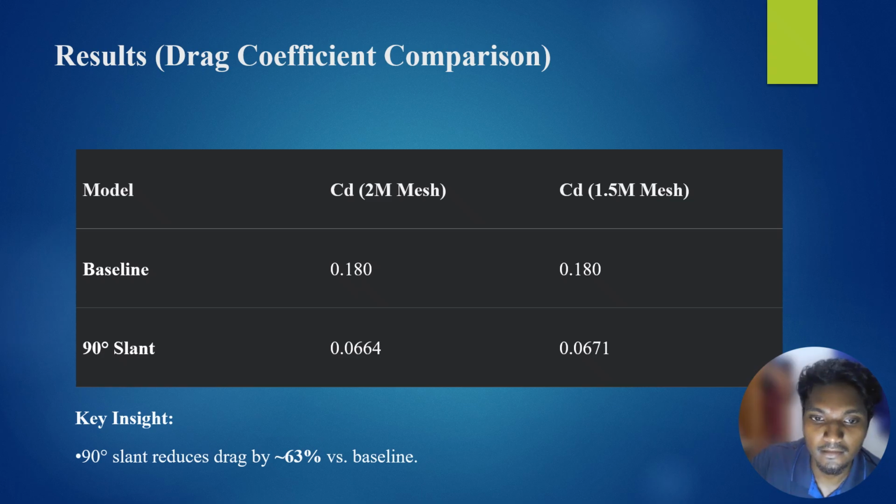For the 90 degree slant we got 0.064 for the 2 million mesh and 0.0671 for the 1.5 million mesh. The key insight from here is that the 90 degree slant reduced drag by 63% versus the baseline.